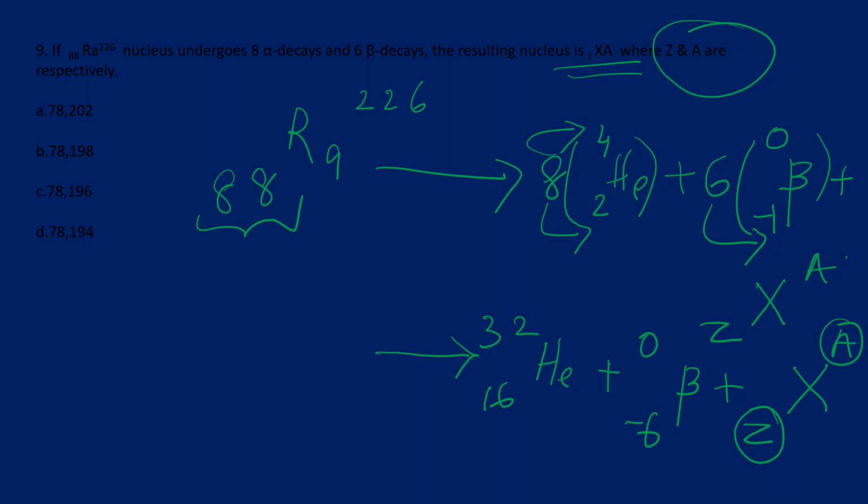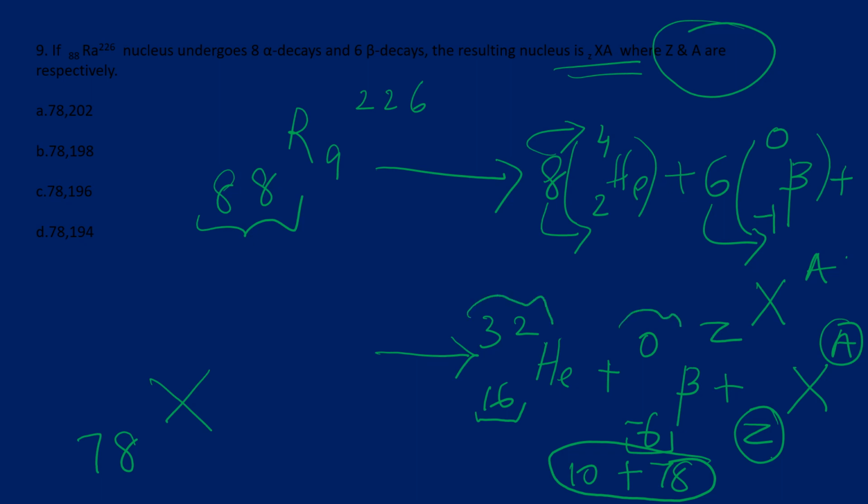So when we compare, 16 minus 6 is 10. So Z should be 78, so that 78 plus 10 will become 88. So the equation will get balanced. So X has Z as 78, and here the total is 32 plus 0, that is 32 only.